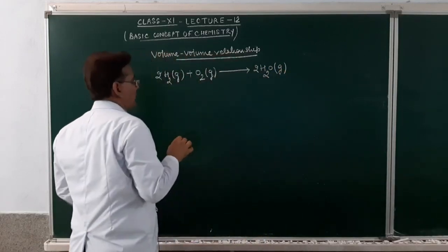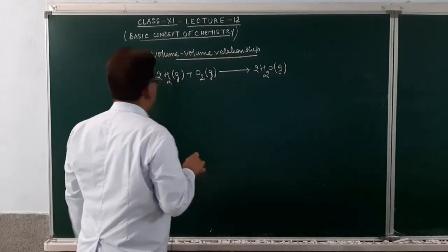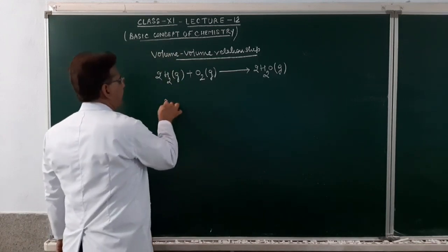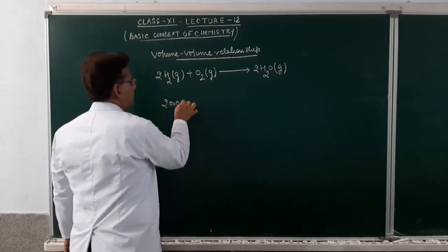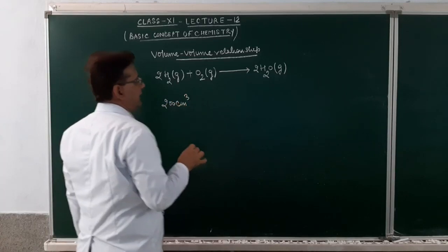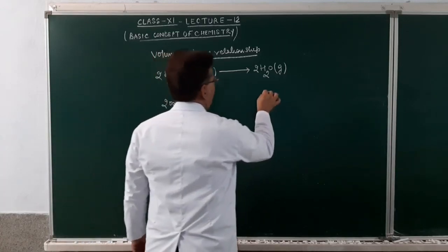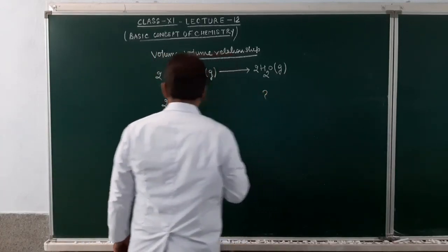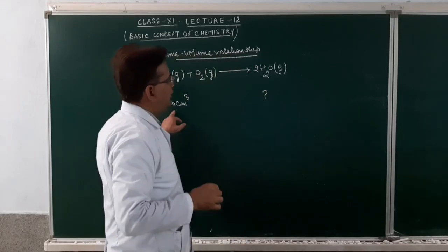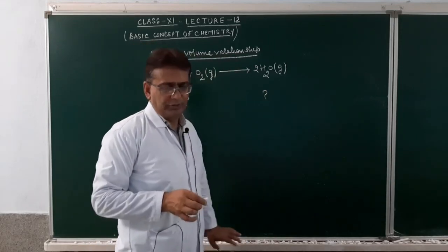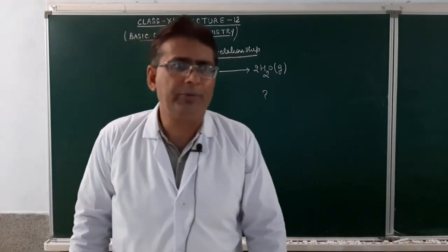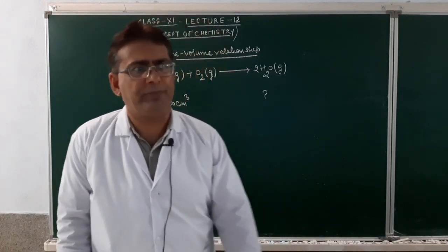Suppose it is given to us that we have 200 centimeter cube of hydrogen, then what volume of water vapors will be produced? So from the volume of one, the volume of the other is to be found. So this will be called a volume-volume relationship.